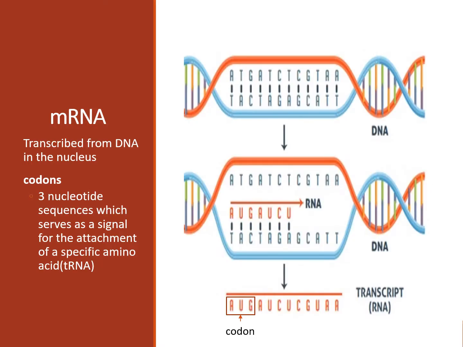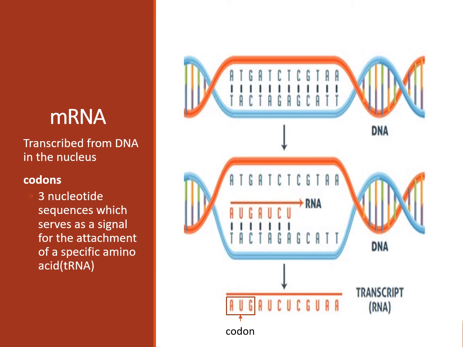The messenger RNA is going to be crucial in this process because it actually has the information of which amino acids are in the protein and what order they go in. And that information is stored in short 3 nucleotide sequences called codons. And those codons are kind of like a secret language.